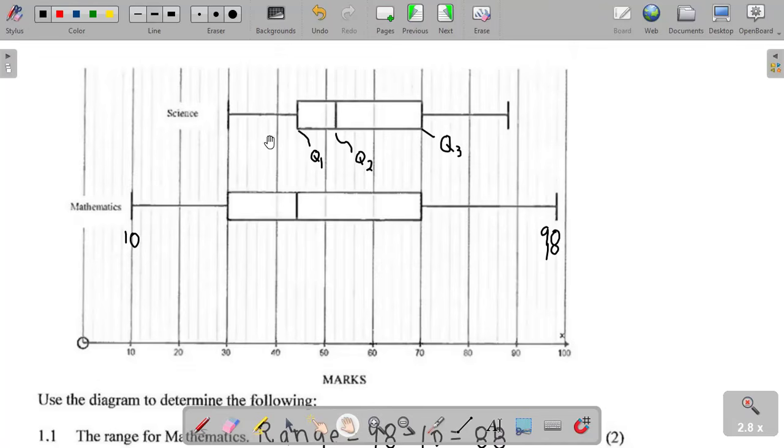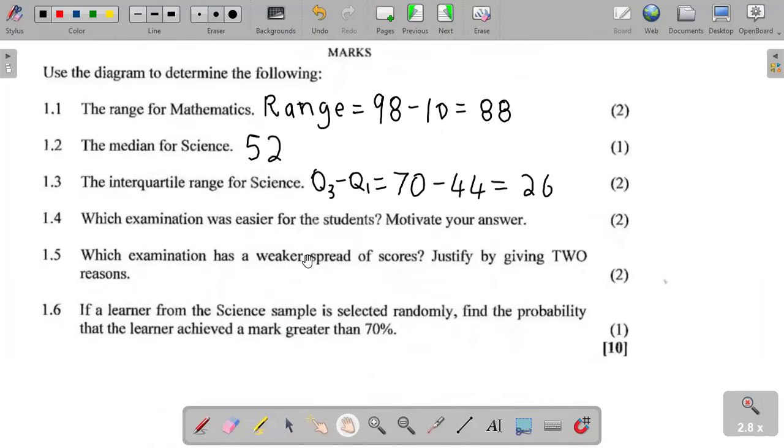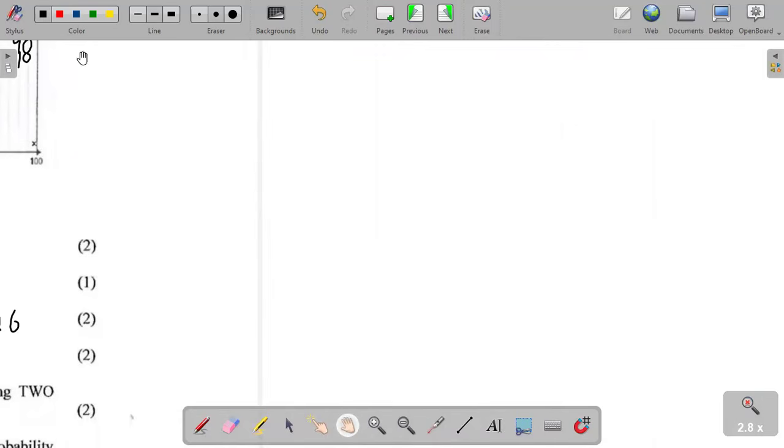Q1 is higher, the minimum value is higher, and Q2 is also higher than mathematics. So which examination was easier for the students? For 1.4 here, the answer is going to be, we're going to say mathematics.